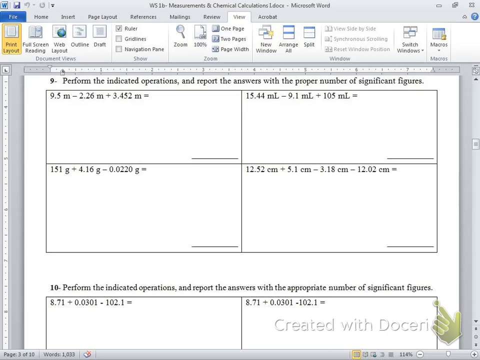So, addition and subtraction are about absolute precision. And then instead of looking at how many places we have, rather like 1, 2, or 3, we actually look at the place, how big the place is. Okay, so the answer is determined by the last known place.